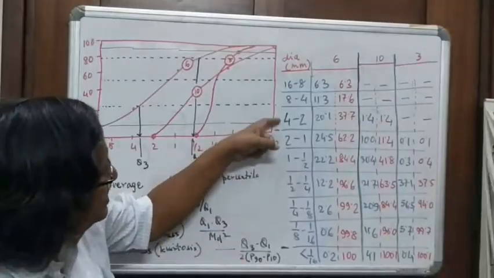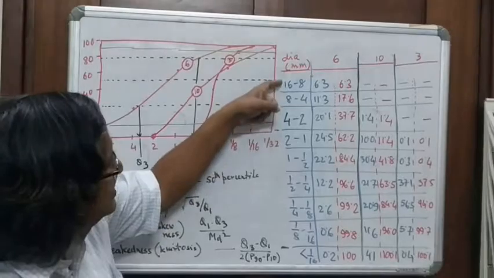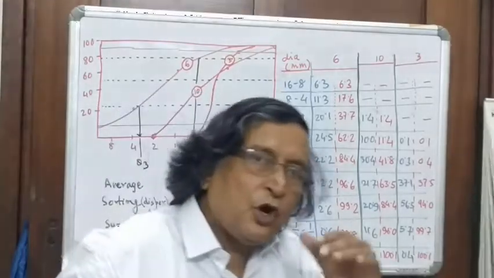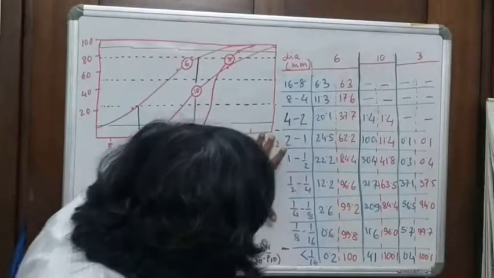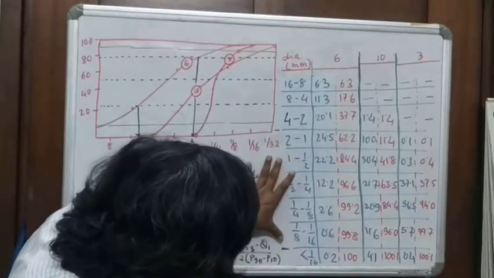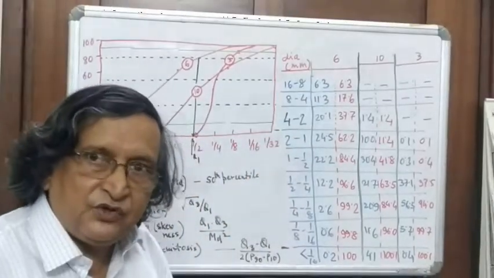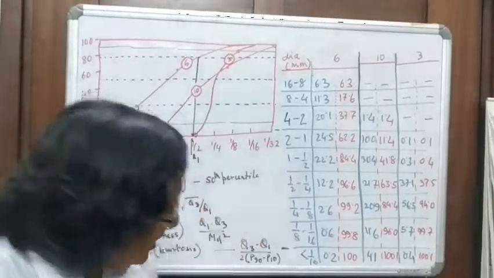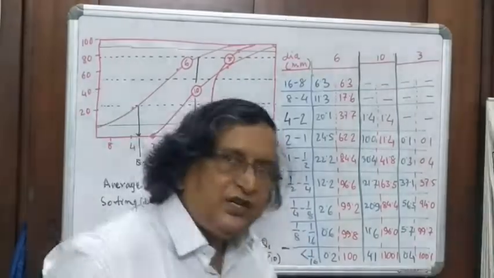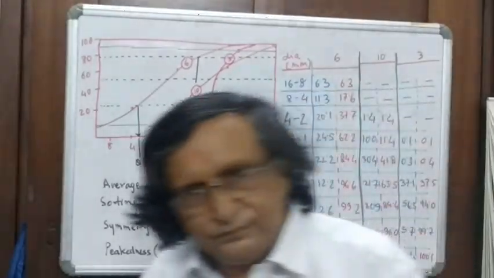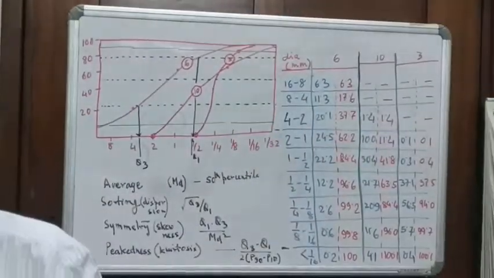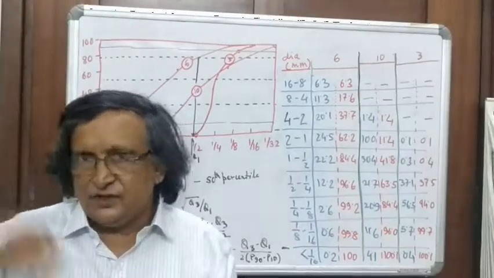I leave it to you to find out what the other classes are called: cobble, pebble, boulder. But just to give you a hint, 2 to 1/16 is the range of sand-sized particles. Below 1/16, you had placed mud and clay and all those classifications.